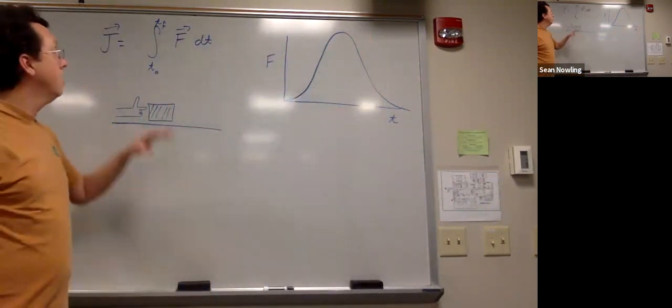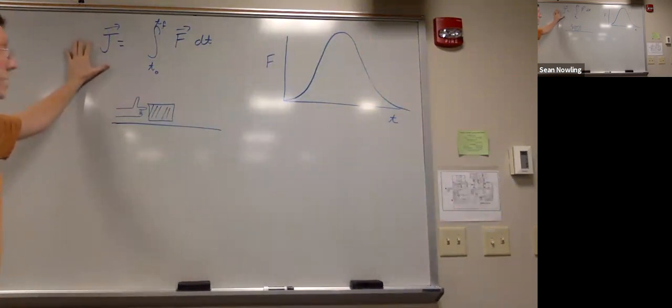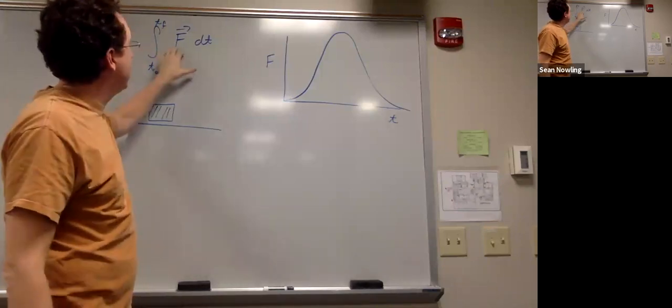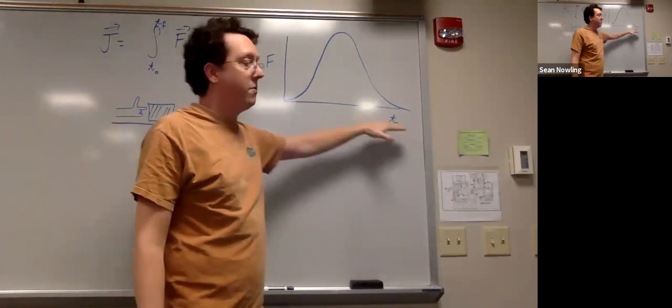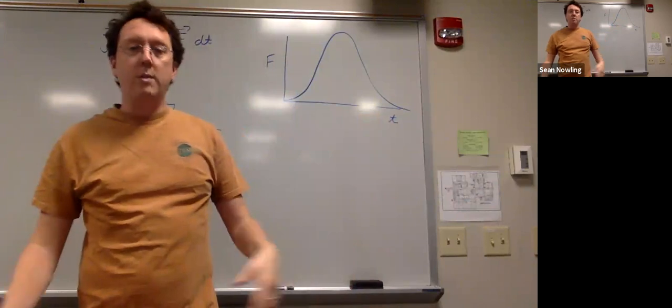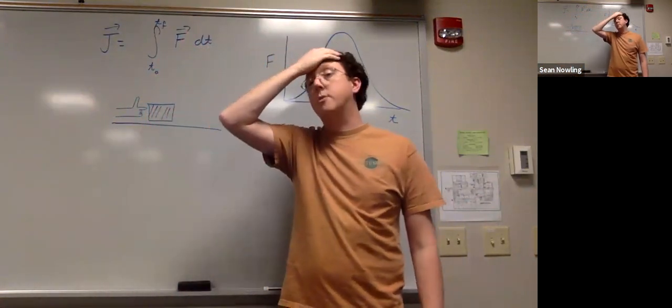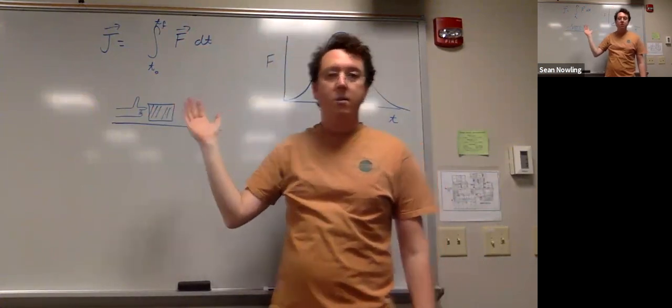At this point, we can use all of our knowledge of calculus to help us interpret what impulse means. Impulse is the integral of force over time. Here I have a graph of force over time. Geometrically, we know that an interpretation of an integral is the area under a curve.